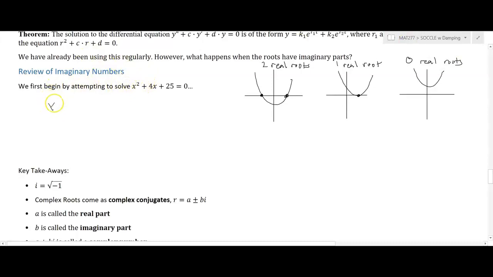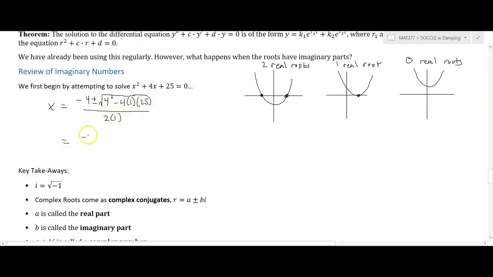So we would start off by saying x equals negative b plus or minus the square root of b squared minus 4 times a times c, all over 2 times a.